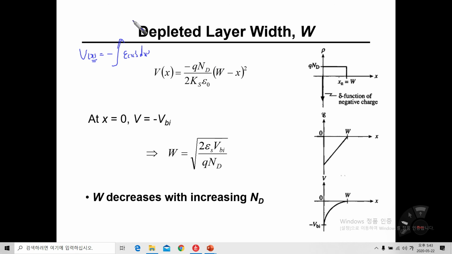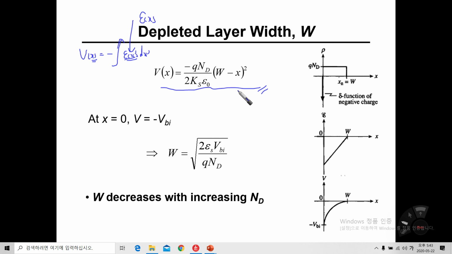Anyhow, plug in the equation E(x) from the previous slide into this term and solve it, then you're going to get this value.